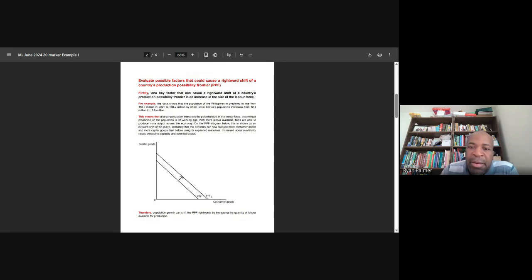And then we can integrate, so notice the word that I use, integrate a diagram into our analysis, into the development of the main point. And then we have a link back sentence.